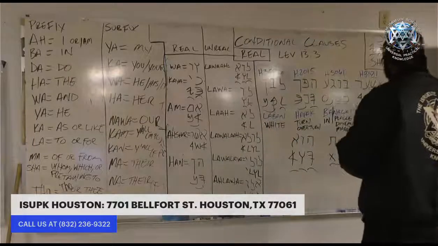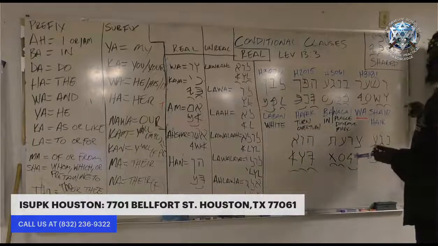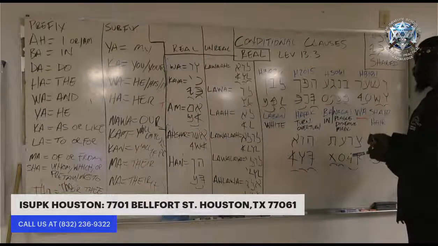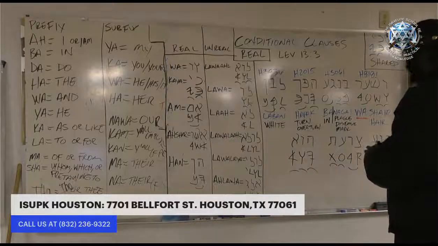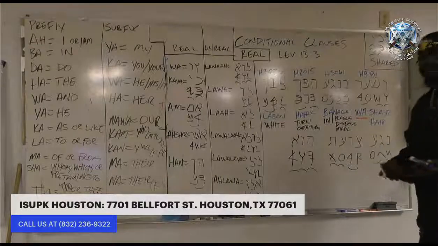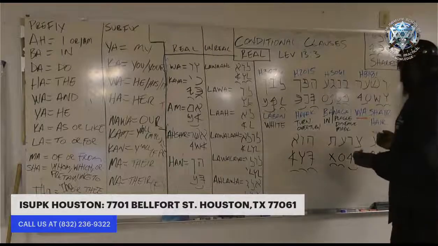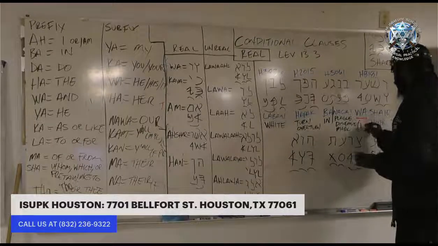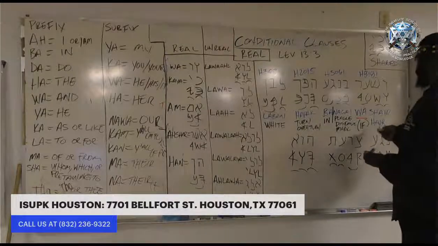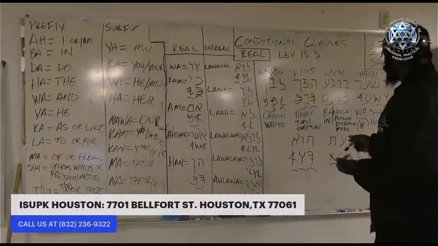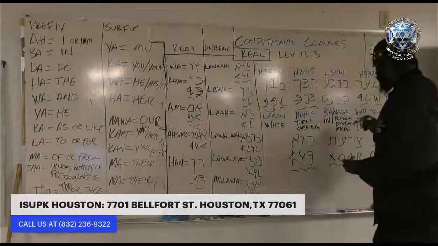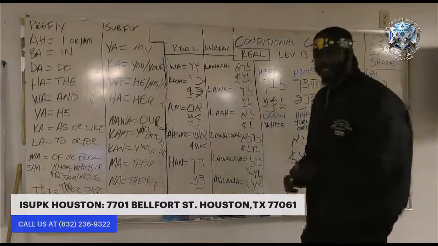All right. So it's starting to come together. So we have this particle, which lets us know that it's a conditional clause. All right. So what is a conditional clause? The if factor. All right. So we're going to put in parentheses right here, if. Okay. So if hair is in disease or in plague or in mark, turn white.